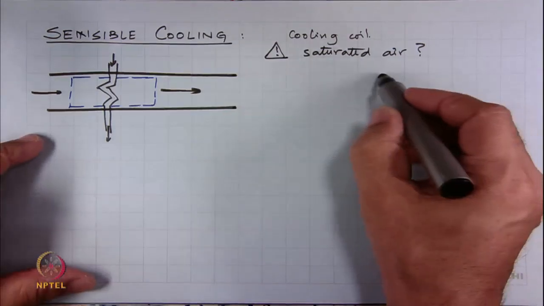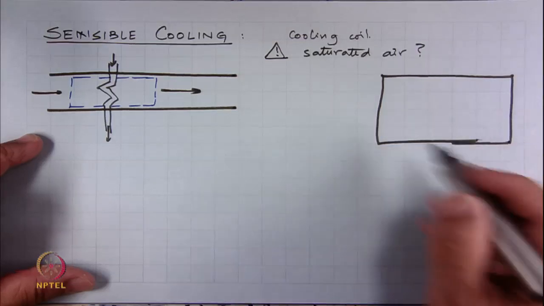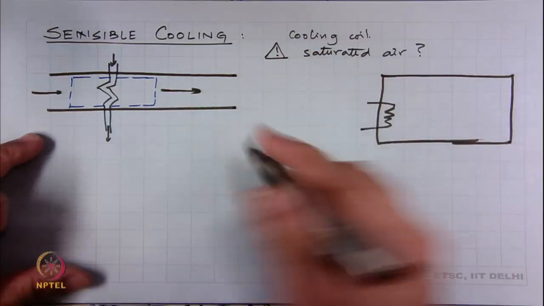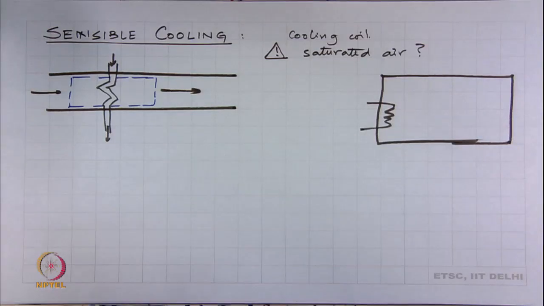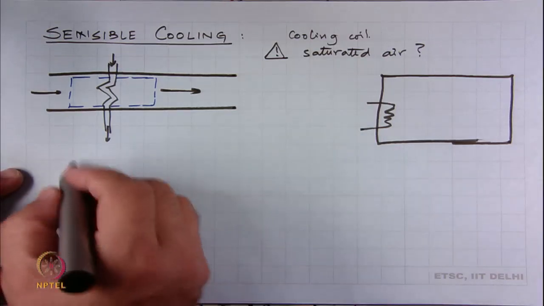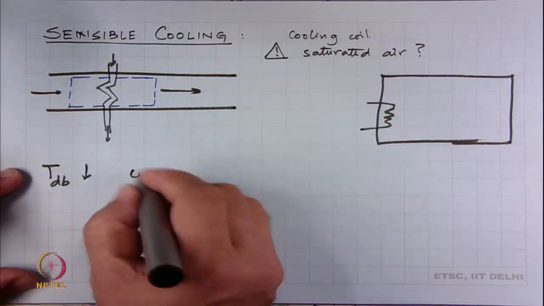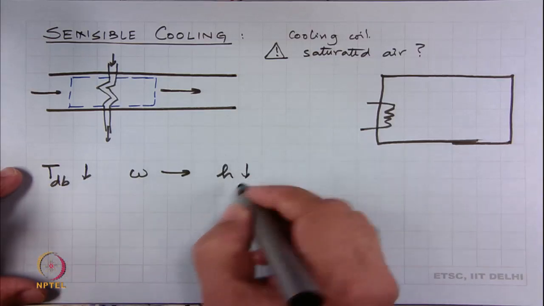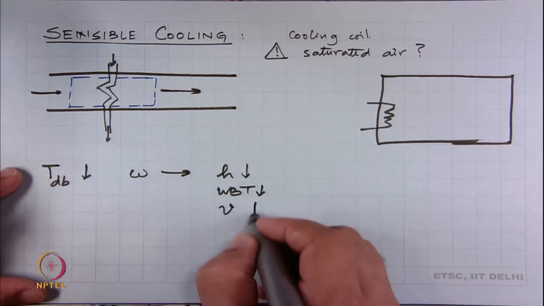The closed system equivalent of this is a chamber in which we have a heat exchanger coil taking heat away, and this being the control volume, it is being cooled. So, what is happening in this case is exactly the opposite of what happened earlier: dry bulb temperature decreases, omega remains the same, h decreases, WBT decreases, specific volume decreases.